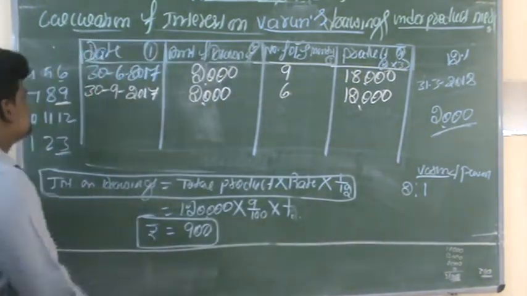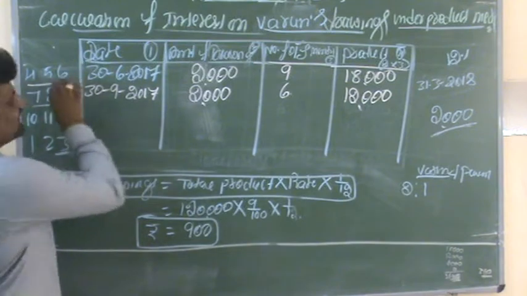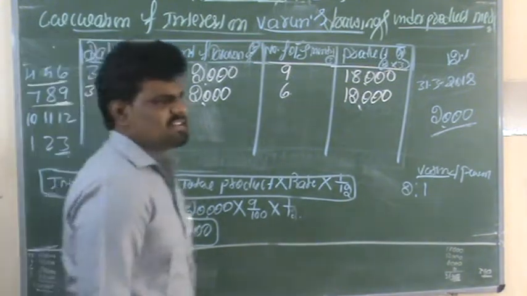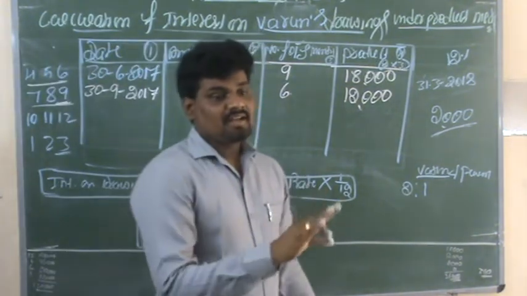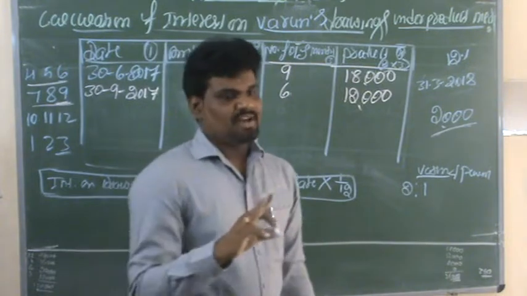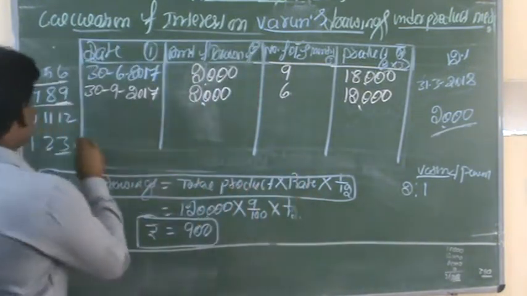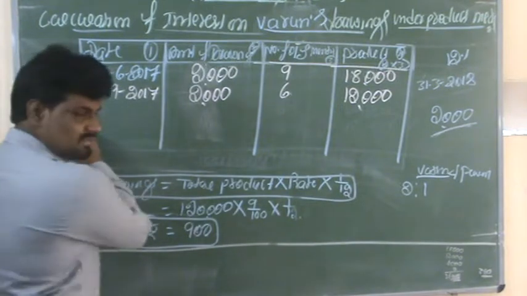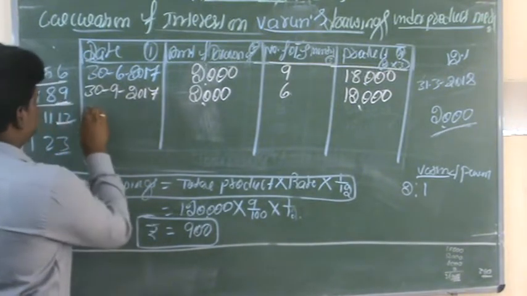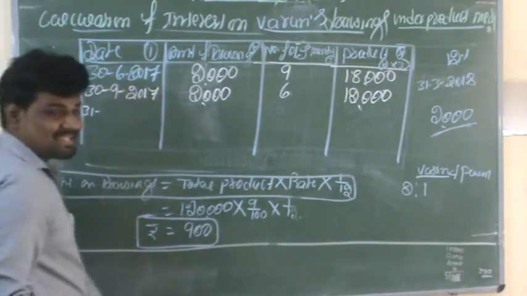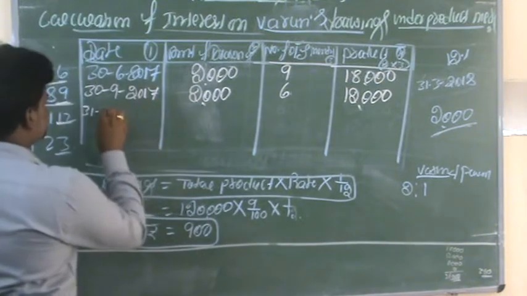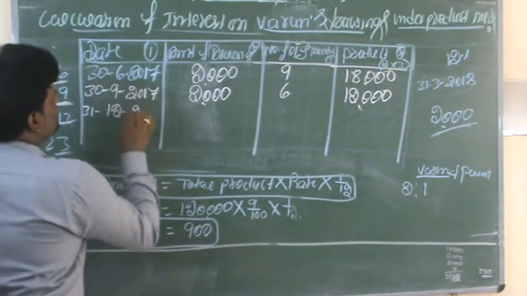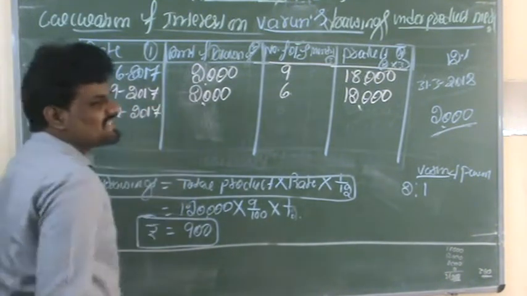So here, we have completed 2 quarterlies. First of all, 1 year equals 4 quarterlies, right? Again, they are withdrawing 2 more quarterlies. The next quarterly, 1, 2, 3. So this is the end of the third quarterly, 31st December 2017.